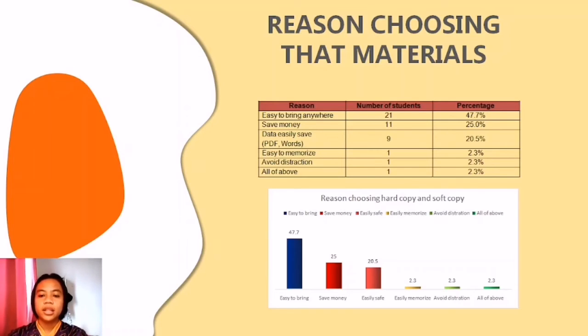Meanwhile, 9 respondents chose data easily saved in PDF or Word, which contributes 20.5% of the total percentage. Lastly, for the reasons easy to memorize, avoid distraction, and all of the above, each reason has one respondent, which contributes 2.3% of the total percentage.